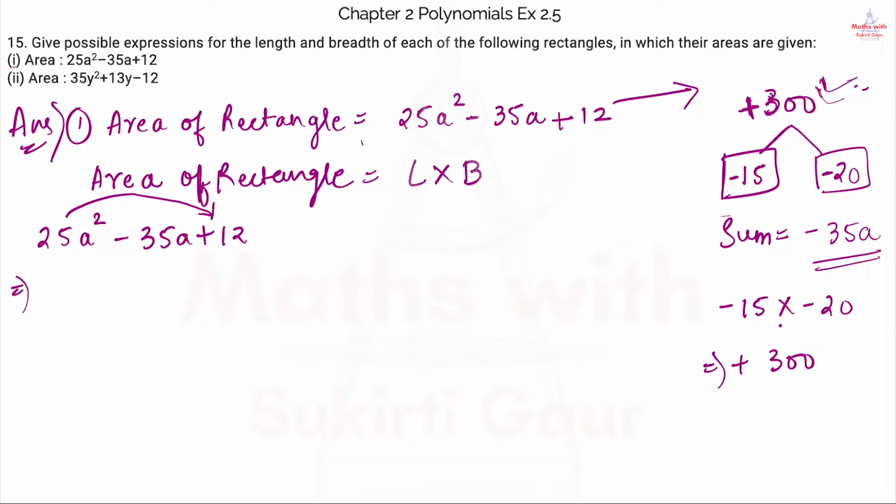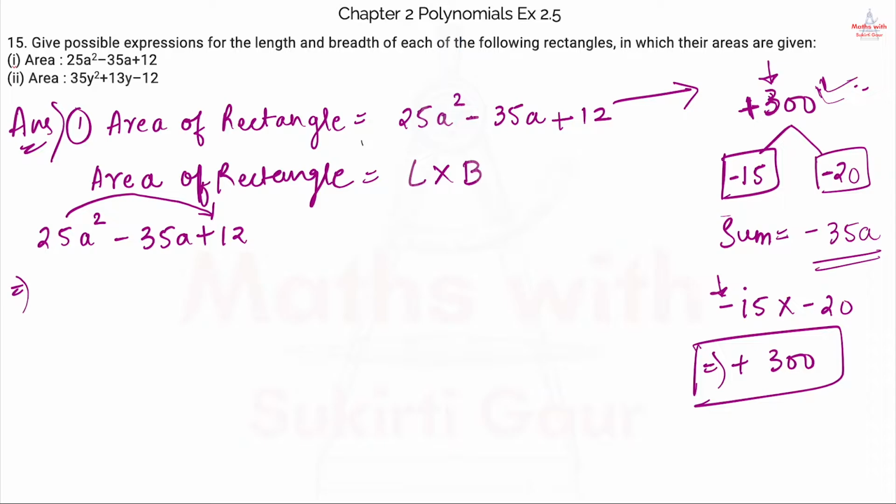In any other case, if I take 15 as positive and the other one as negative, it would not give us a positive number, because anyhow they're going to give us negative. So we are going to take negative with both of the factors such that our product would be positive. I hope everybody is clear with this. So I am taking 15 and 20 because they are giving us product 300.